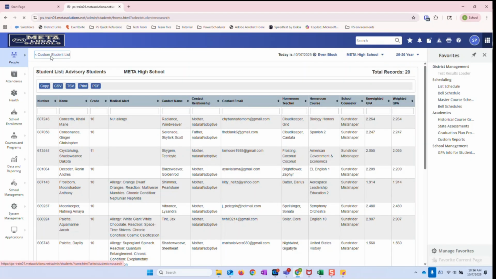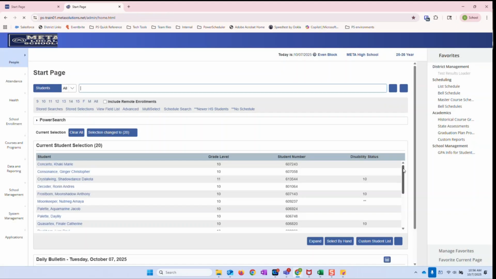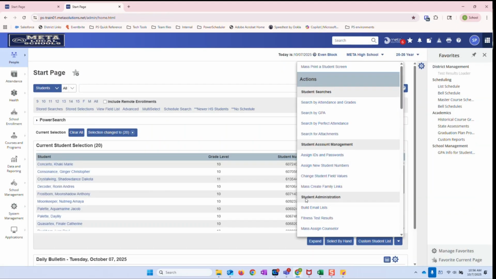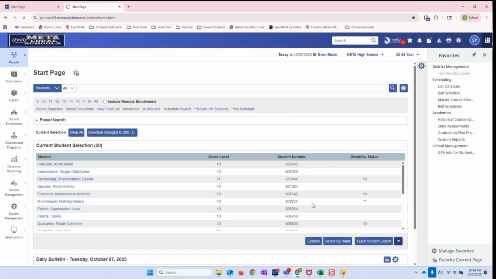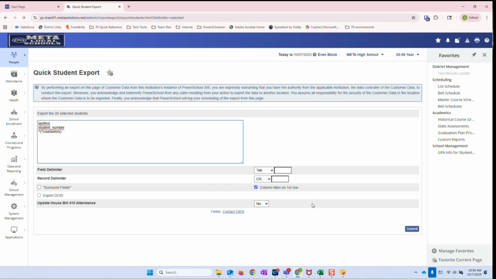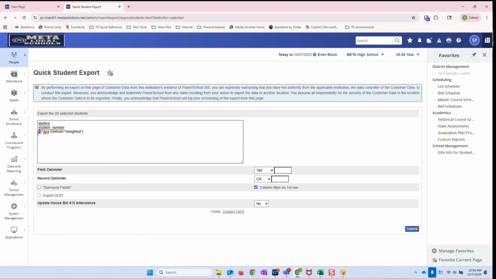And then where I want to wrap up is just one other report found on the same menu. Some of you are more akin to using the quick student export. Some of you prefer this, and that's okay. You just need this little caret here on this one.